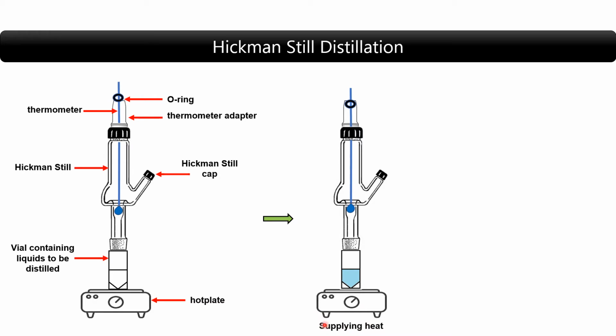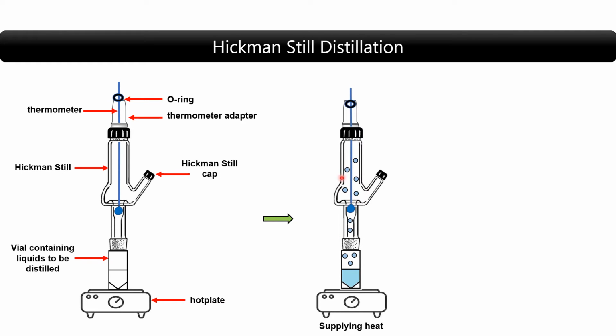So when we supply heat, if this is our liquid mixture, it will start to turn into vapor, and those hot vapors will start to rise across the stem and reach the bulb part of the Hickman-Still. You can see the thermometer bulb is directly coming into contact with the hot vapor, so it's measuring the temperature of this hot vapor throughout the distillation process.